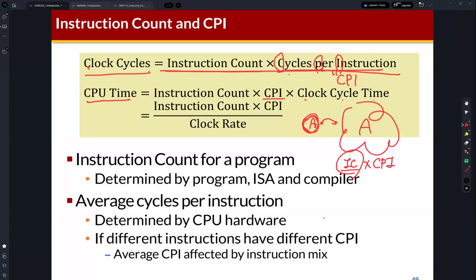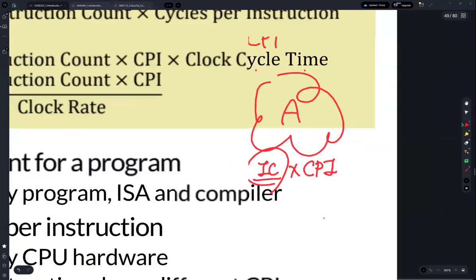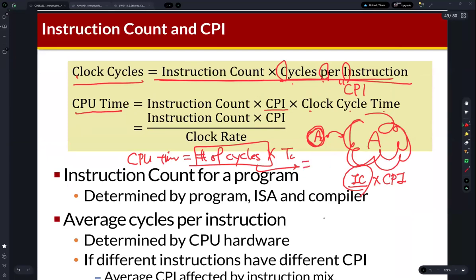So the CPU time is the number of cycles multiplied by the clock period TC. This part is replaced by the instruction count multiplied by CPI, cycles per instruction.